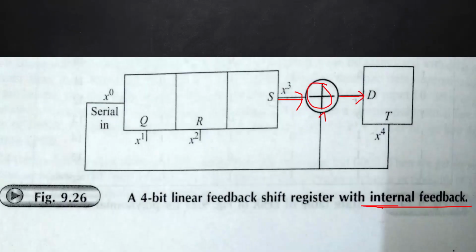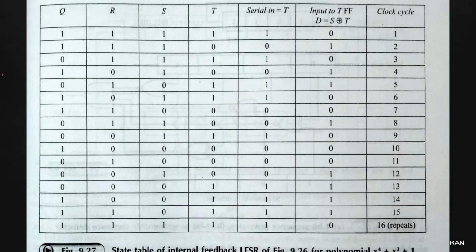So the S and D flip-flops' outputs we need to XOR, and its output is going to be the input of your D flip-flop, and the last flip-flop output, the S to the power 4th flip-flop's output, is taken as an input to our first flip-flop. Okay, so these are the possible states.